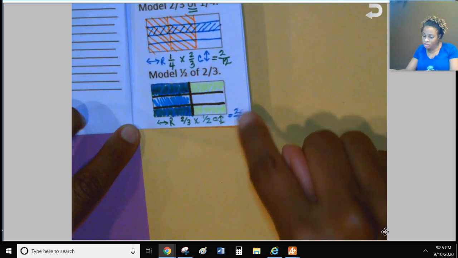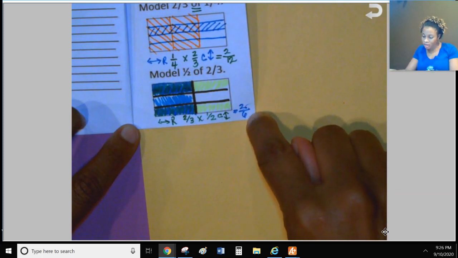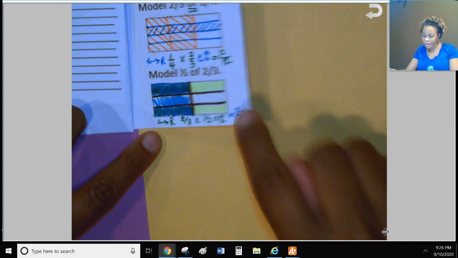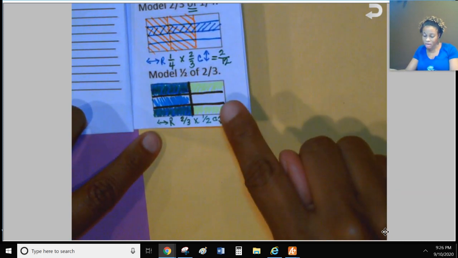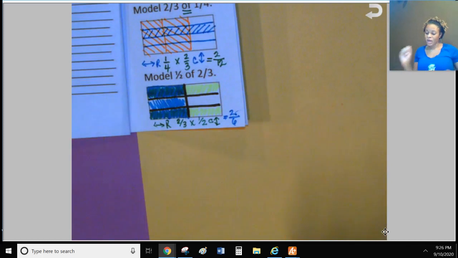Yeah, which is less than 2/3 and less than 1/2. So anytime you multiply a piece times a piece, your answer or your product is going to be a crumb. So you guys should have imagined in your head that it was going to be a smaller portion of the whole thing. So looking at the whole picture, it's a crumb in comparison. That's how I think of it.